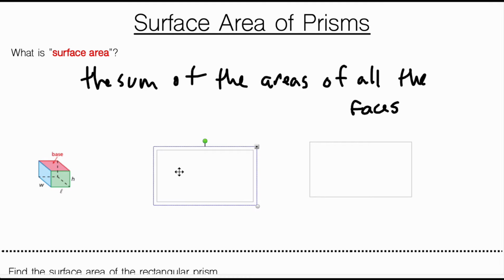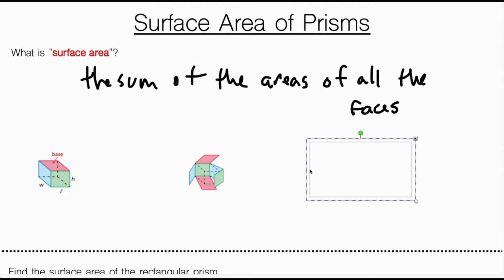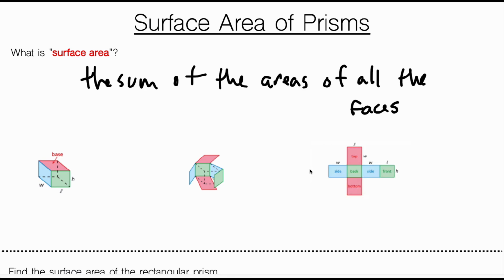And what we're going to do is imagine that we are unfolding this prism. As you can see here, it's starting to be unfolded until we have it all laid out flat. This, the two-dimensional representation of a three-dimensional figure, is known as the figure's net.